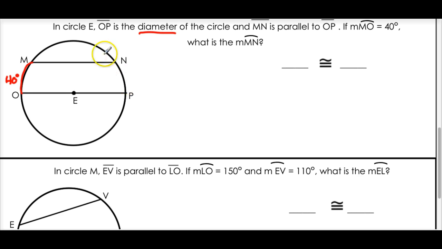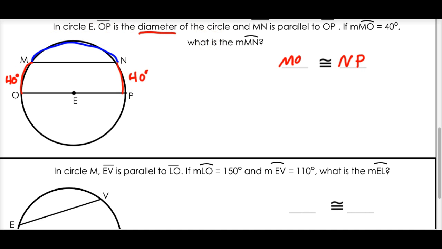So it's not asking for NP this time. We want to find out what NM is. All right. Well, we know that MO and NP are congruent. Why do we know that? Because these two chords are parallel, so NP is also 40. MO is congruent to NP. Okay? But we want to find out what MN is.